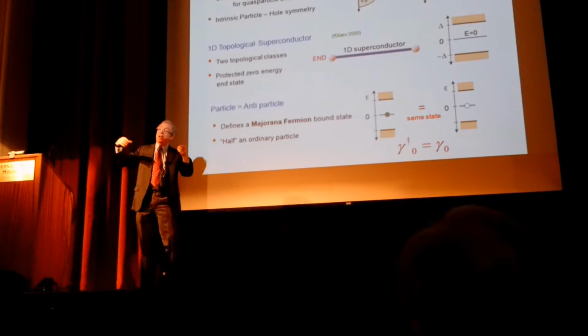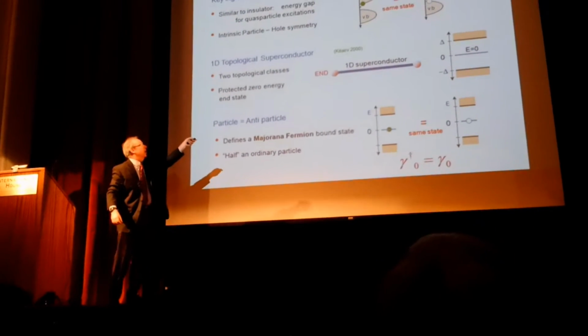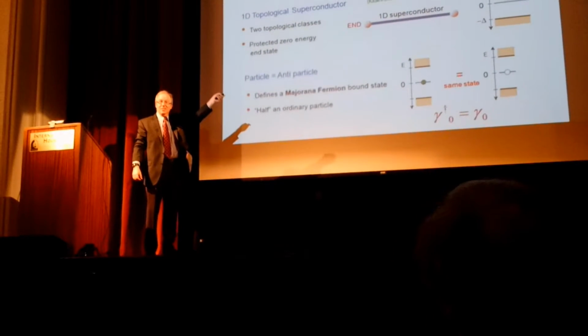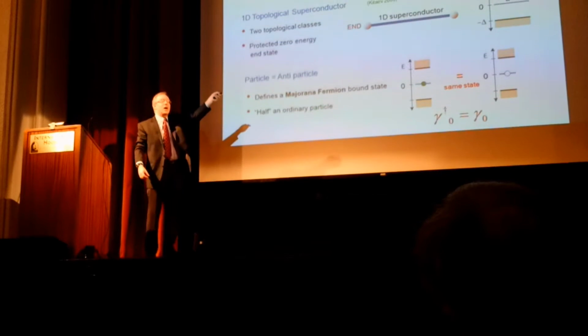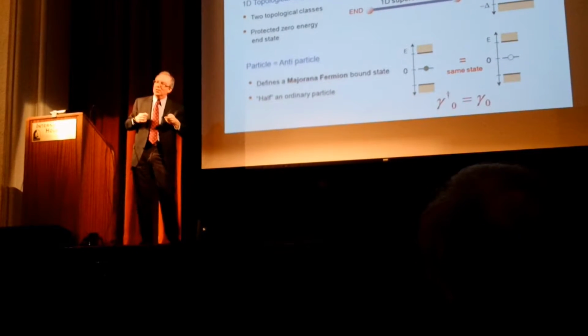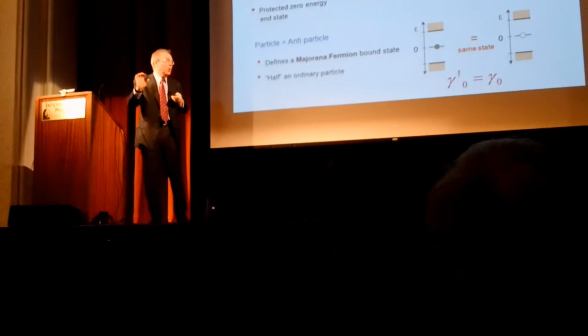In an insulator, those are two different states. But in the superconductor, if I use this picture, these states are actually the same state. So that is the price that you have to pay to have this sort of simple-minded insulator picture of a superconductor. And this gives you something that's very remarkable.